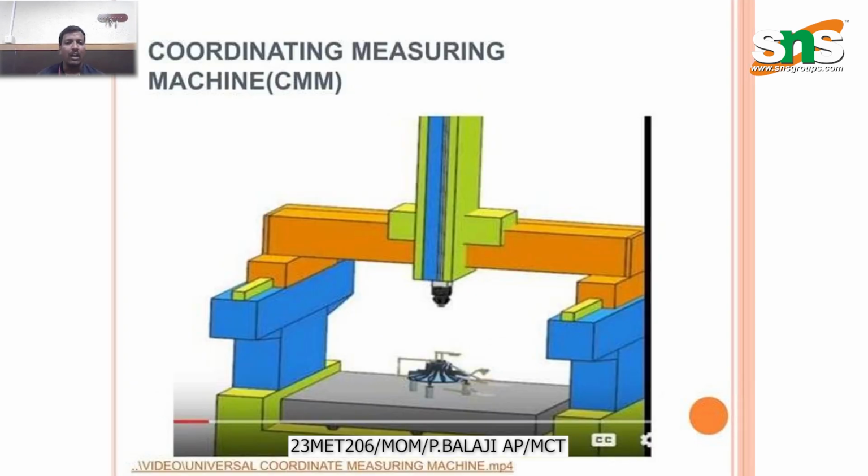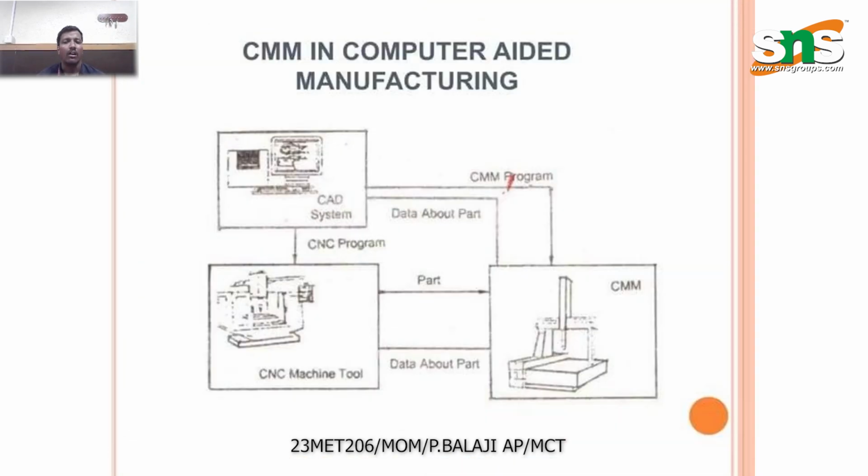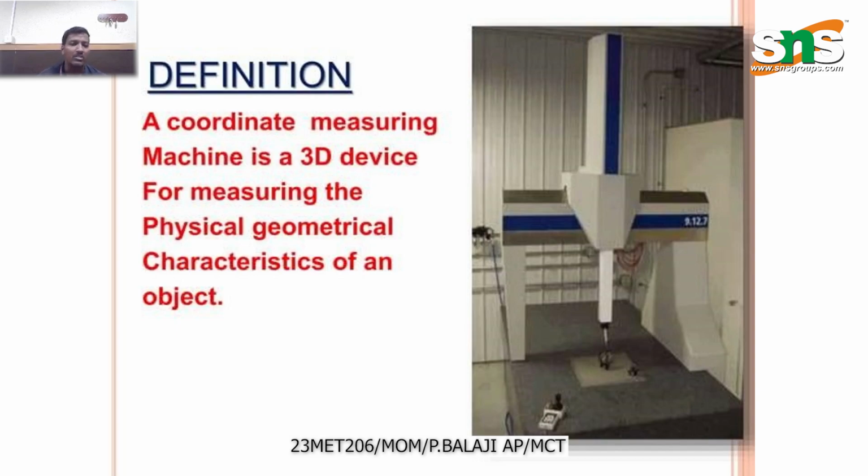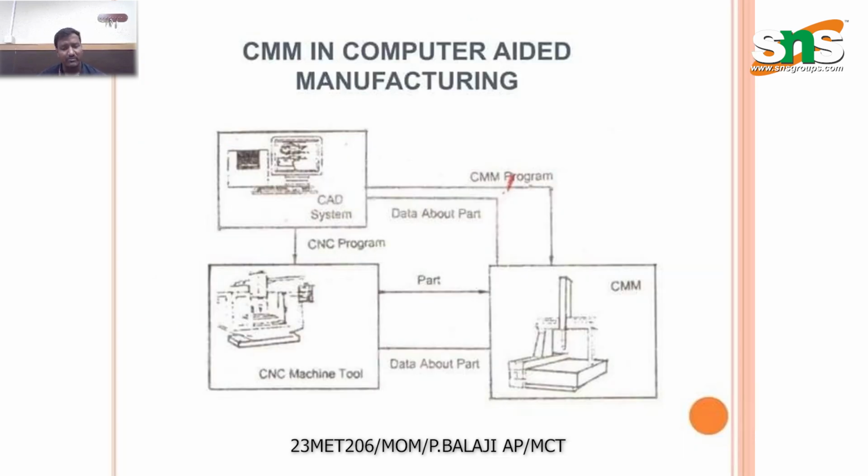So that's all about the introduction to the CMM, and the remaining things about the CMM we can see in our next video. What we have discussed in the last slides: the introduction, the definition of the CMM, what the CMM is used for, and how the CMM works. It gets the data from the CAD system and from the CNC machine tool, you combine the data, and you measure the surfaces of the object in the CMM using probing.